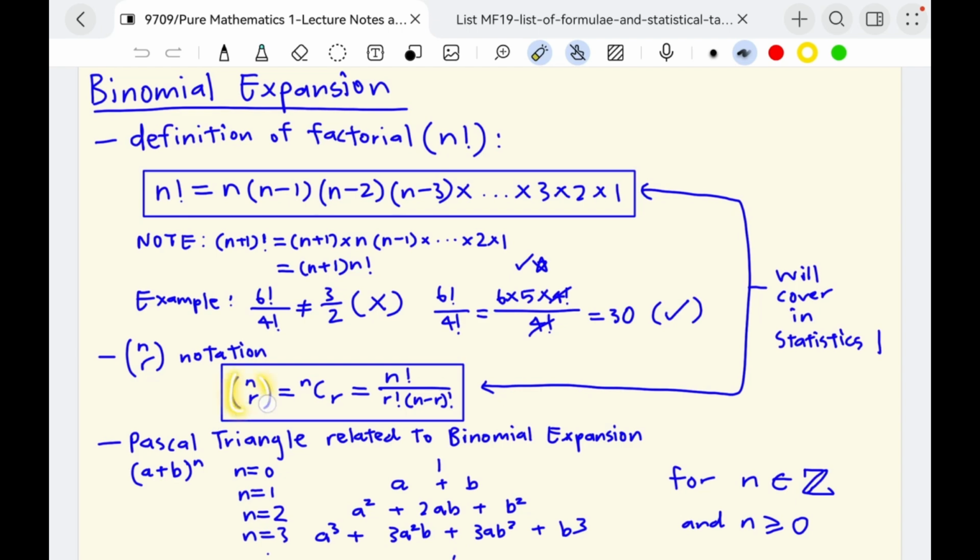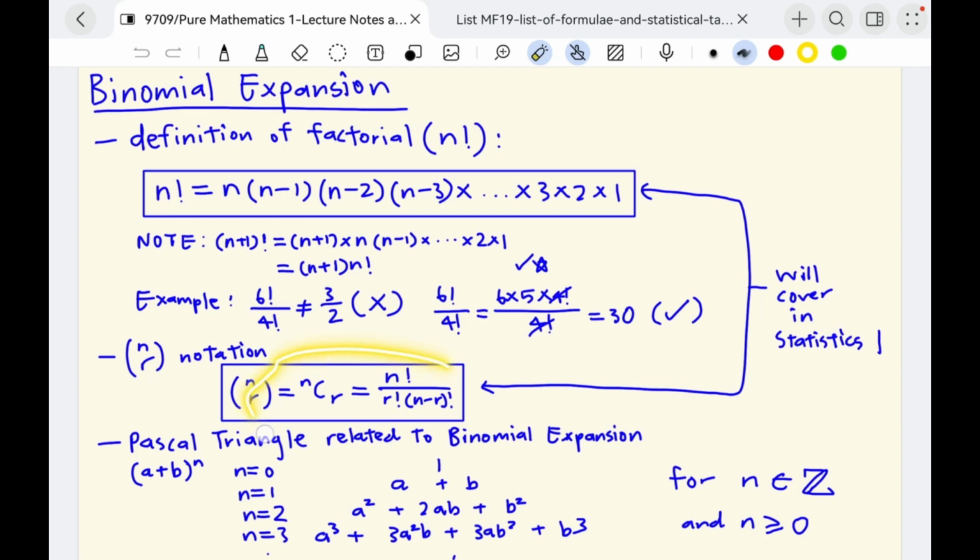So the vector nr refers to nCr. What does C mean? It means combination. What is combination? Selections, which has a definition of n factorial divided by r factorial times n minus r factorial. It means that out of the n, you choose r. How many r to select from n?